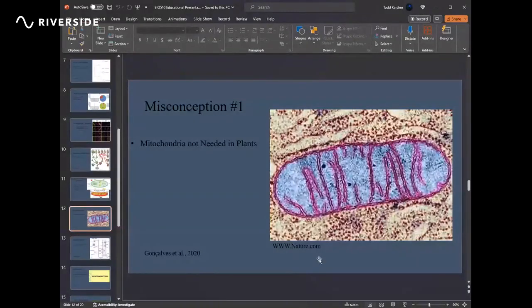Secondly, the chloroplast has heteroplasmy, which is the presence of multiple copies within the cell. Thus, the abundance of chloroplasts has led to the misconception that it is the only needed power source for the cell. And as you can see off to the right here, this is a picture of a mitochondria just loose within the cell.